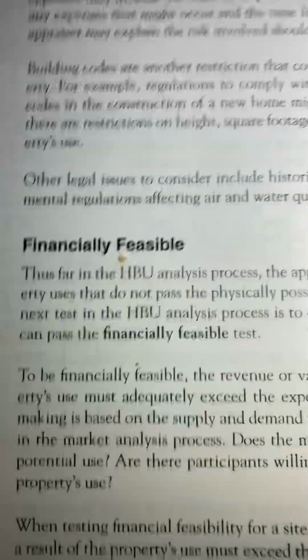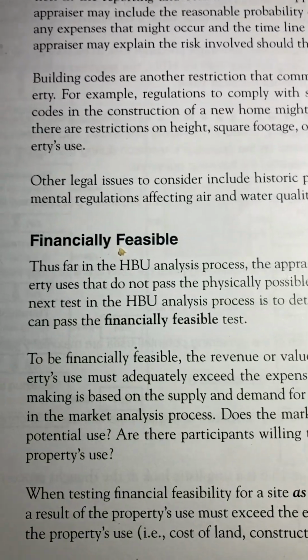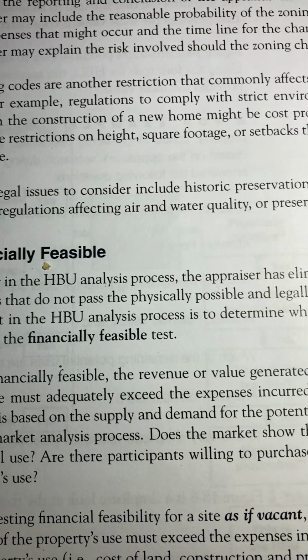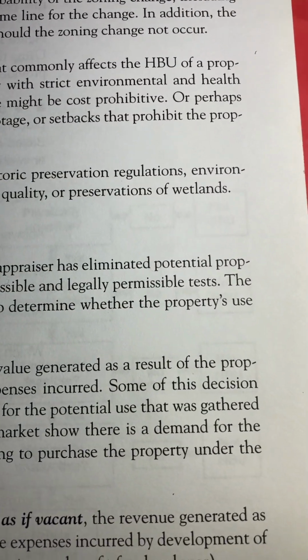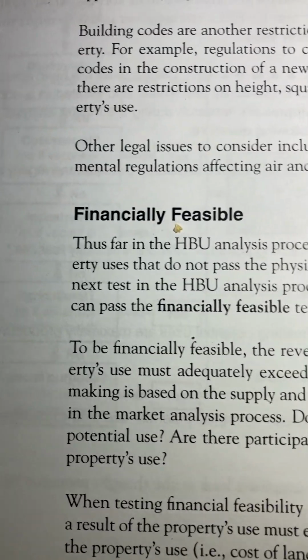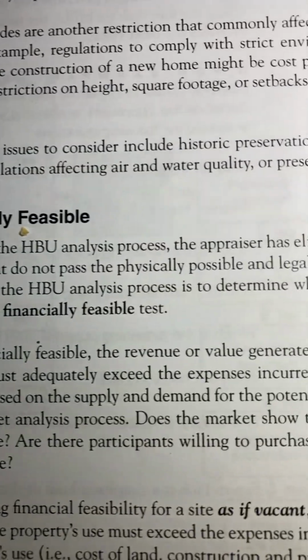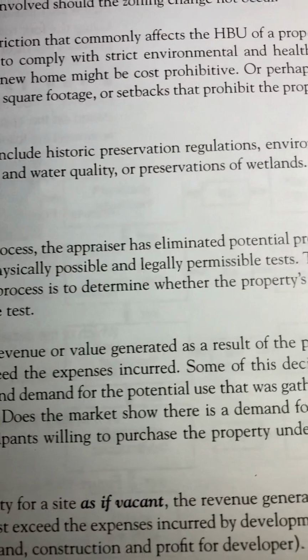Financially feasible. Thus far in the highest and best use analysis process, the appraiser has eliminated potential property uses that do not pass the physically possible and legally permissible tests.